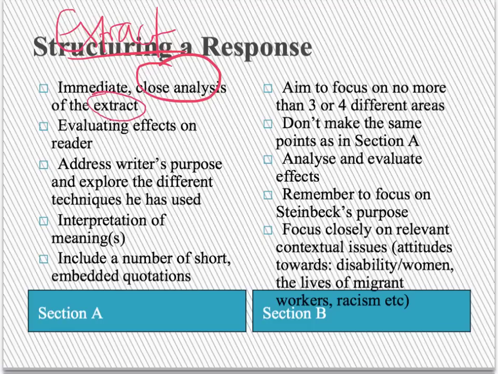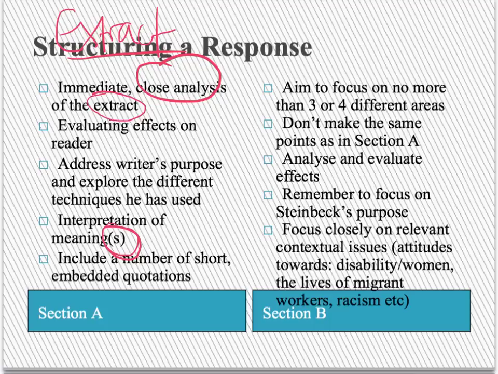They'd also want you to be focusing on really addressing Steinbeck's purpose and looking at different techniques he's used, showing that you understand a range of Steinbeck's purposes and literary techniques. They're looking for interpretation, as I mentioned on the previous slide, and I've just pluralised this because I think it's important, if we're focusing on an A-star, that there isn't just one prescribed meaning.